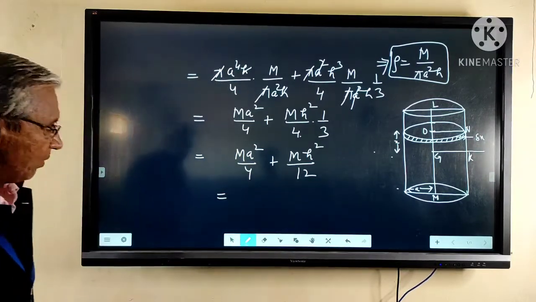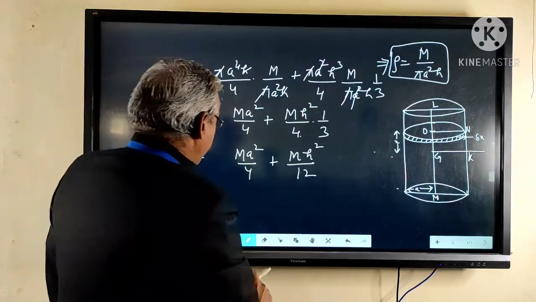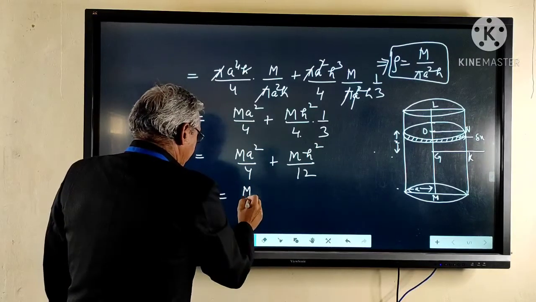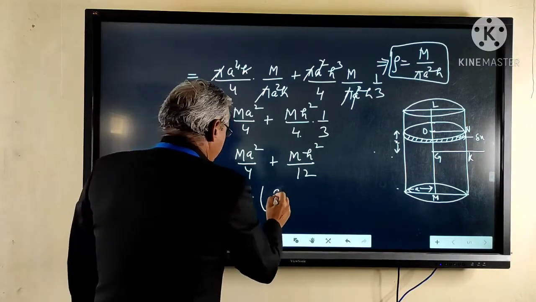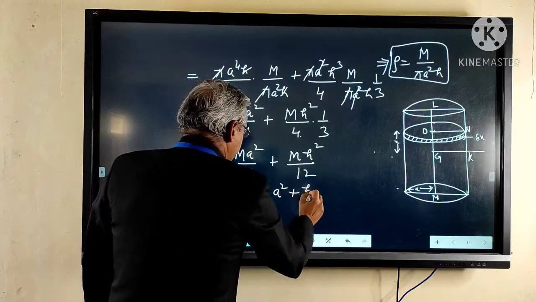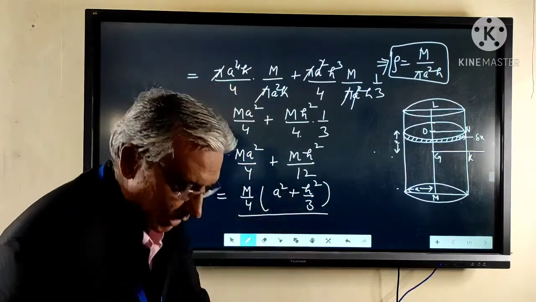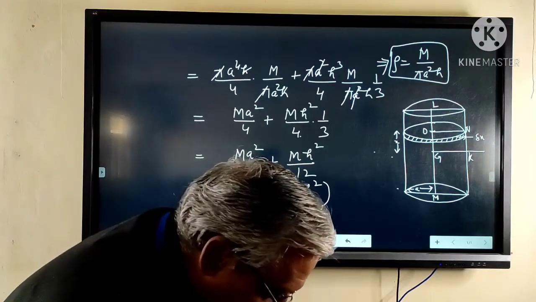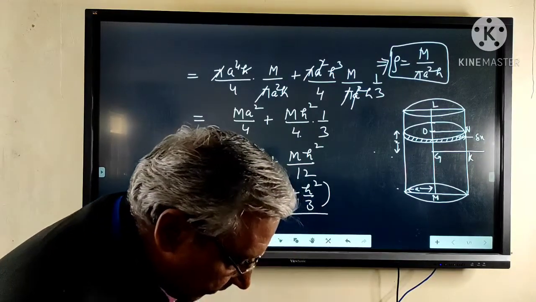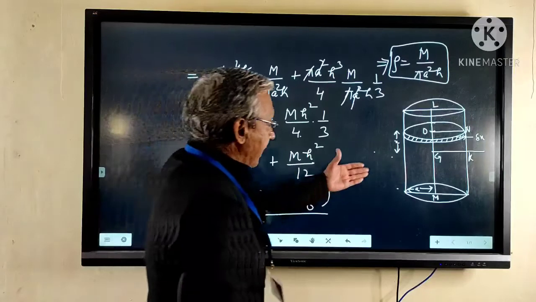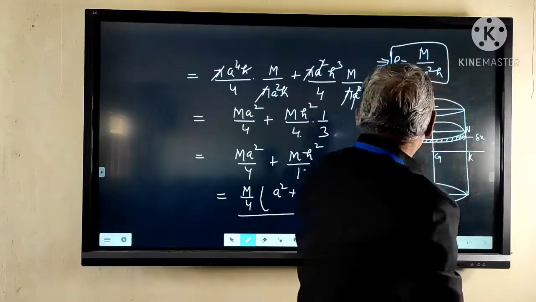So the required moment of inertia is m by 4 into this is a square plus h square by 3. This is the required moment of inertia of the right circular cylinder about the line GK.